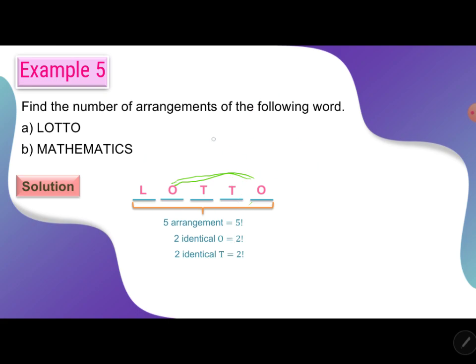To arrange these 5 letters, it will be 5 factorial. We have identical O letters, so it will be 2 factorial, and identical T letters, then it will be 2 factorial. So the answer is 5 factorial divided by 2 factorial, 2 factorial, and the answer will be 30 only.